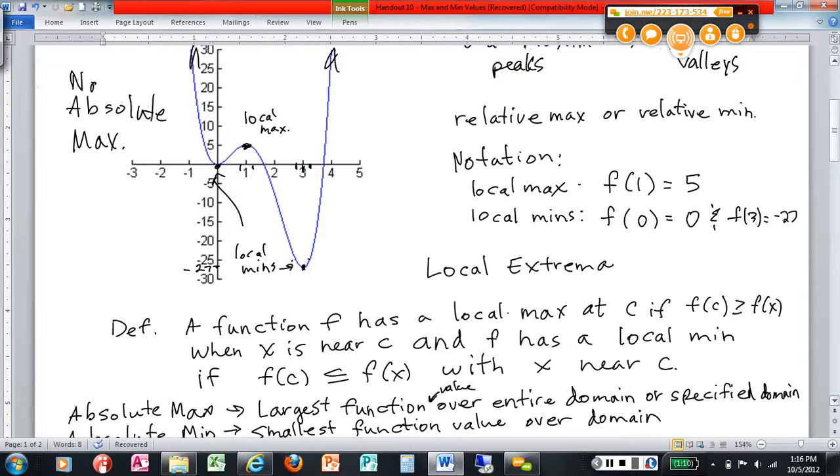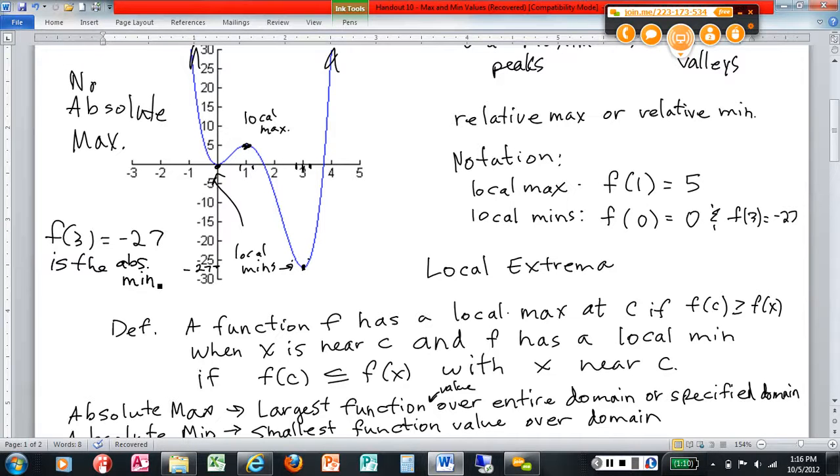The absolute min on our example above is f of 3 at negative 27. So the absolute min means for the entire thing, for the whole domain, not just an area around it.